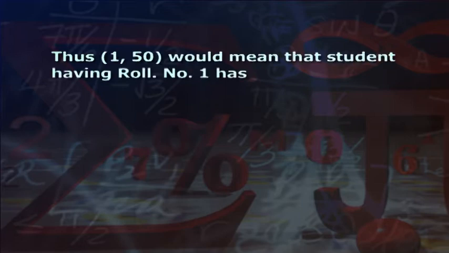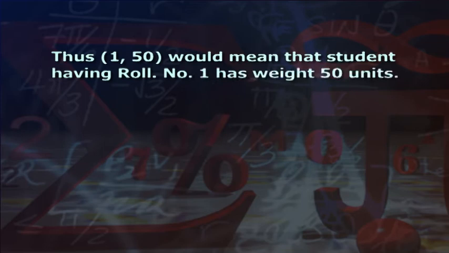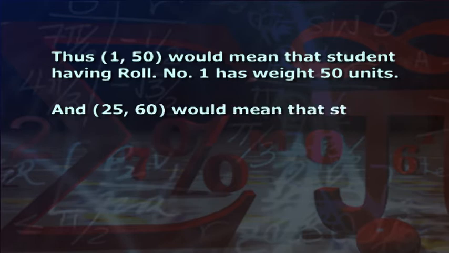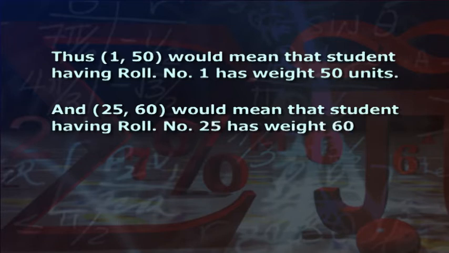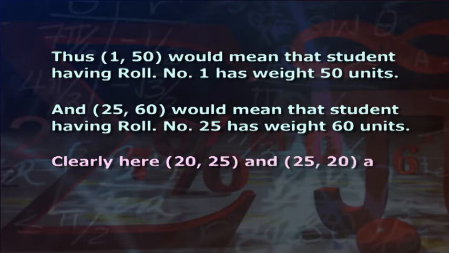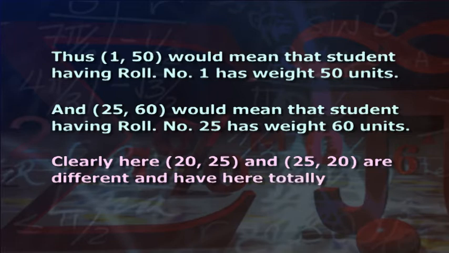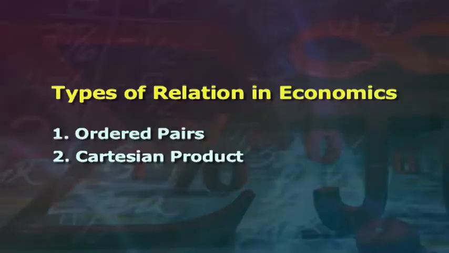Thus, (1, 50) would mean that student having roll number 1 has weight 50 units and (25, 60) would mean that student having roll number 25 has weight 60 units. Clearly here (20, 25) and (25, 20) are different and have totally different meanings.